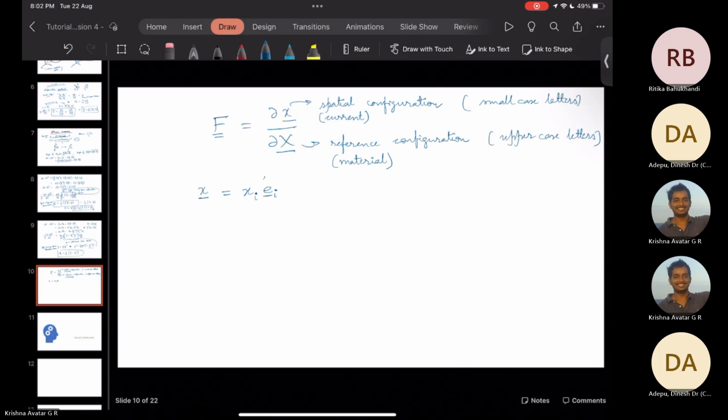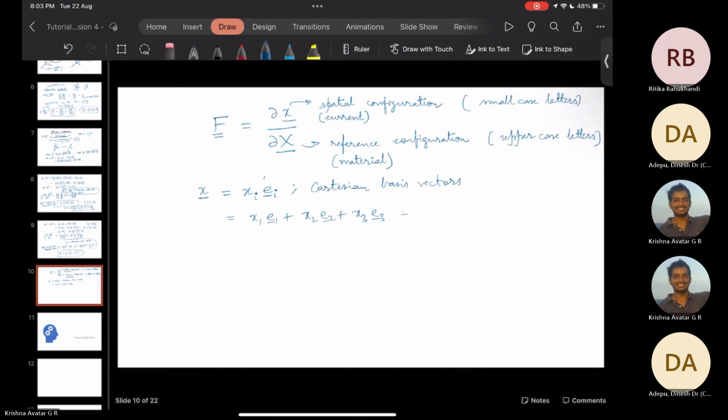So e is again our Cartesian basis vectors. e is nothing special. It's just Cartesian basis vectors. Any vector, as we had learned in our higher secondary school years, we can represent as x1 e1 plus x2 e2 plus x3 e3. In each case there is one subscript: x has one subscript, e has one subscript, and these terms are getting added up.